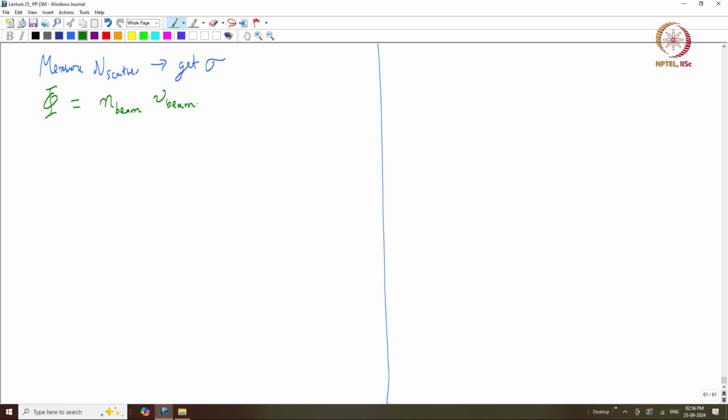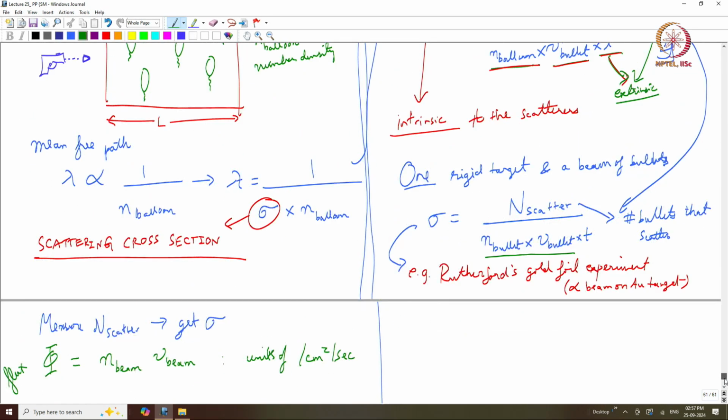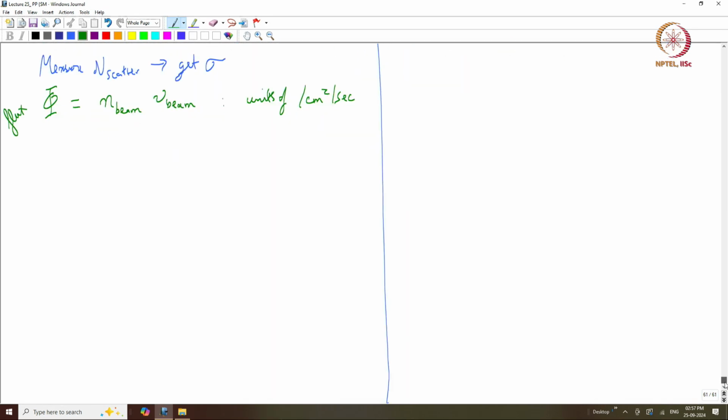That's what we call the flux basically, and it has units of per centimeter squared per second, for example. That's a common unit for the flux. Agreed? So just like that we've introduced all these notions from a very simple example.